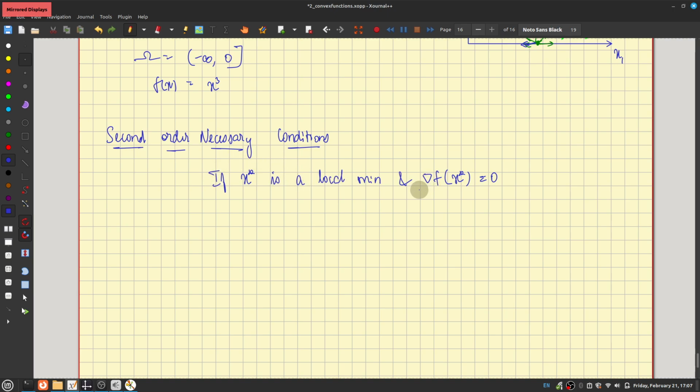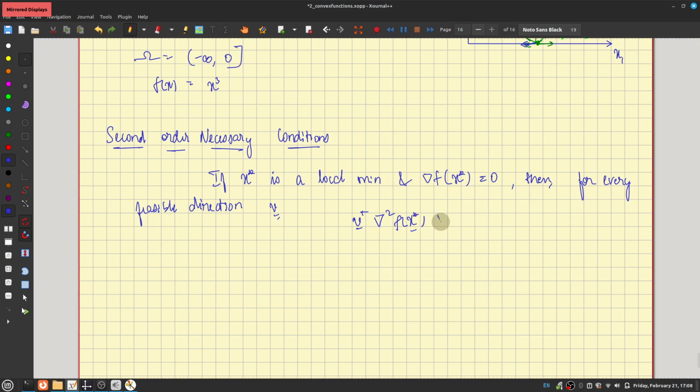So if x star is a local minimum and the gradient of f happens to be equal to 0, then for every feasible direction v, we must have v transpose the Hessian of f at x star times v.